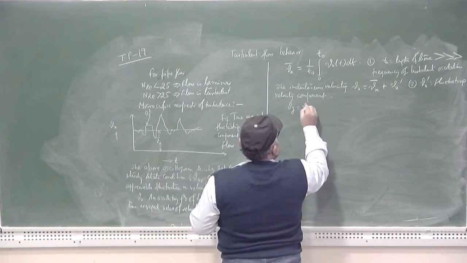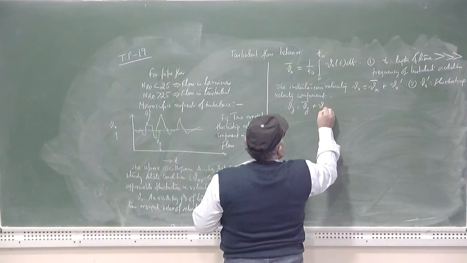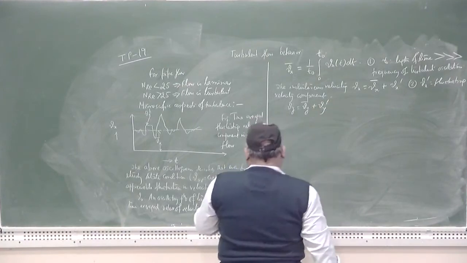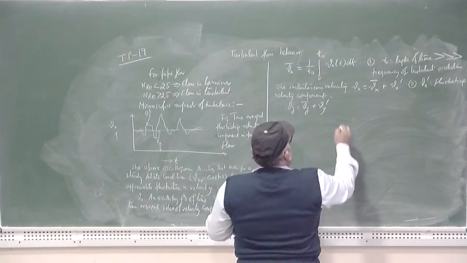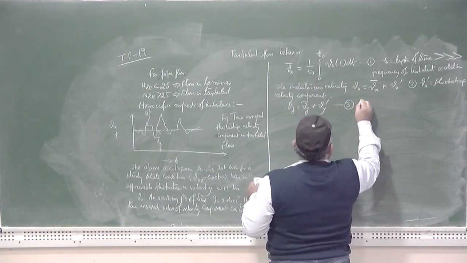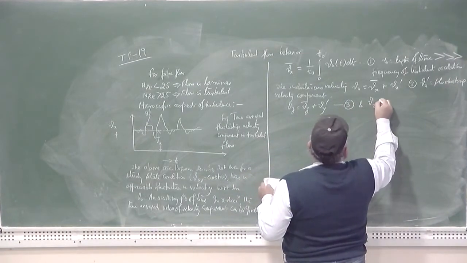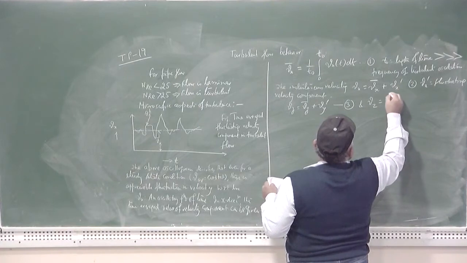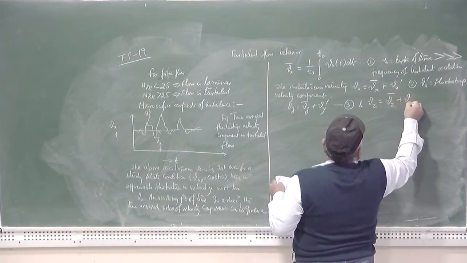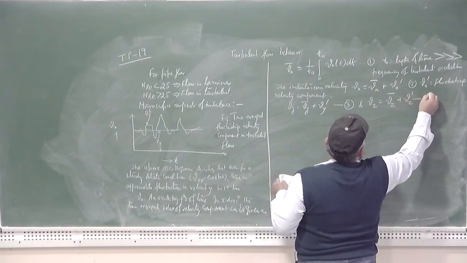Vy is equal to Vy average plus fluctuating Vy, and talking about the Vz, that is the average value of Vz plus fluctuating Vz component.